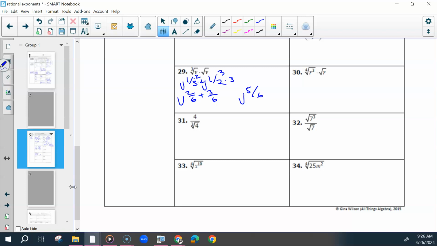I'm not sure. Sorry. So let's start with the denominator. That's going to be the number on the outside. So the 6th root, and 5 is the exponent. So it would be the 6th root of b to the power 5. Do you have any questions on that?